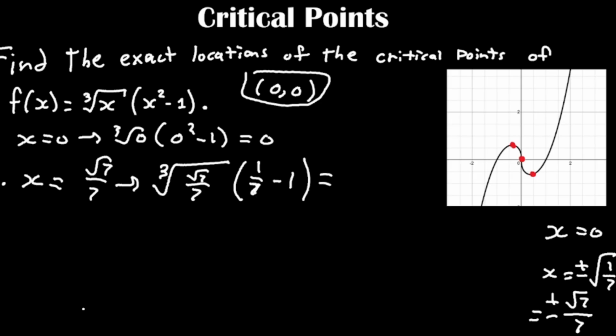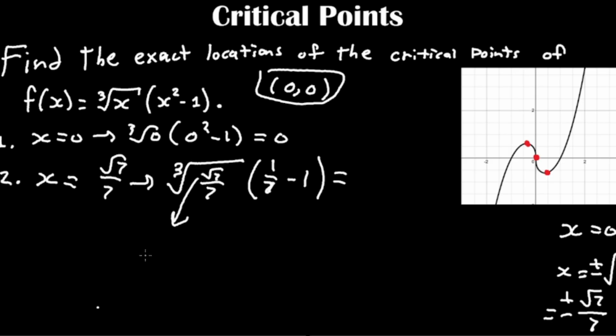Let's simplify this a little bit. The cube root of a square root, we can distribute this cube root. The cube root of a square root is just a 6th root, because this is the same thing as 7 to the 1/2 over 7, all to the 1/3, and we can multiply these exponents.